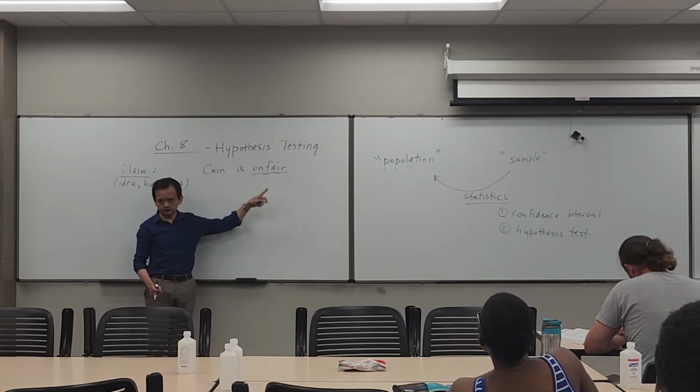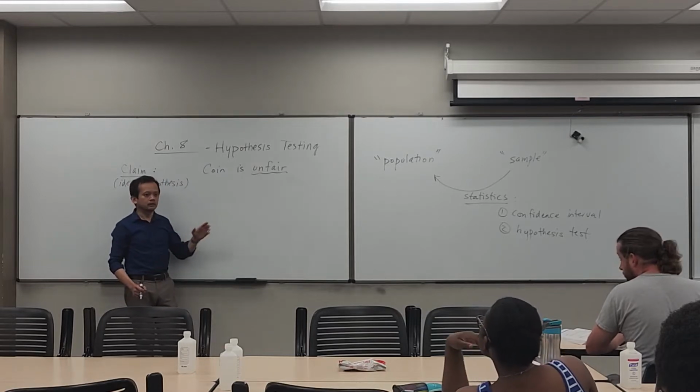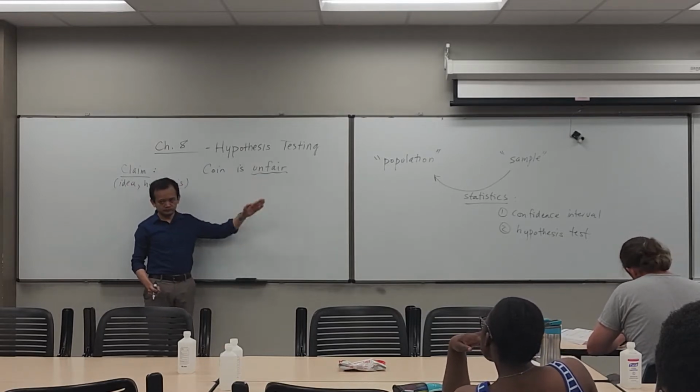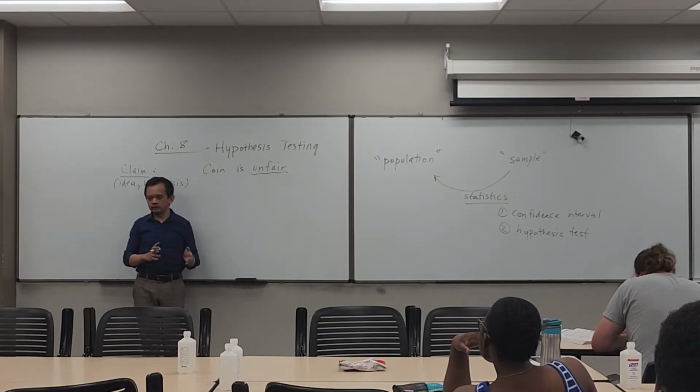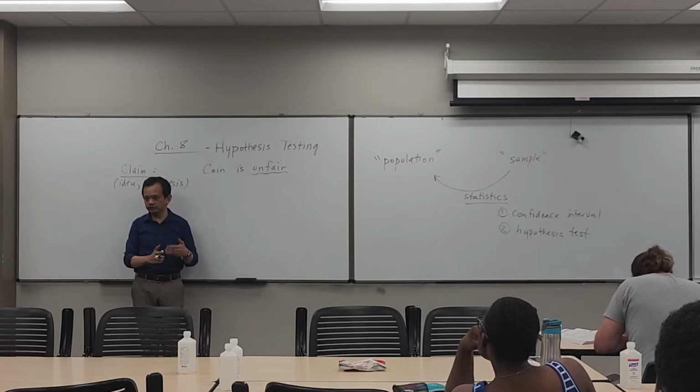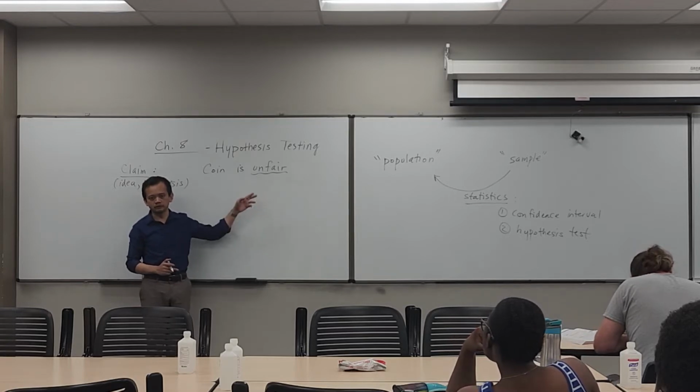But if you flip it a very small number of times, like 10 times, then you very well could see variation even if the coin was perfectly fair in the long run.